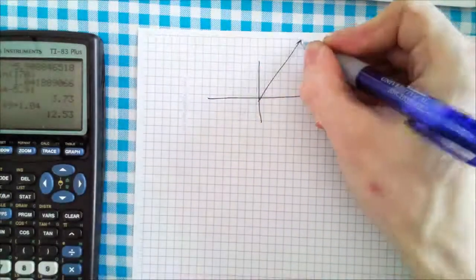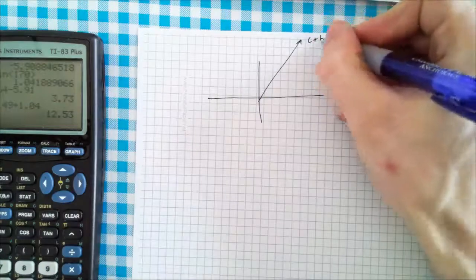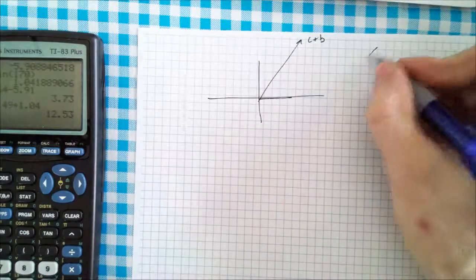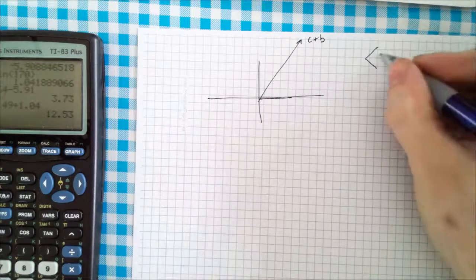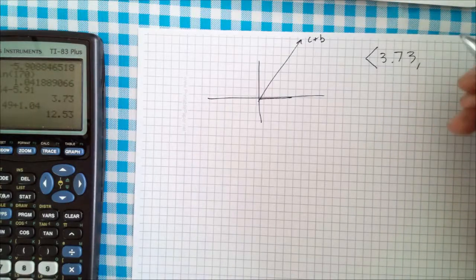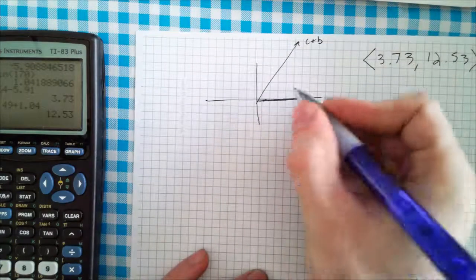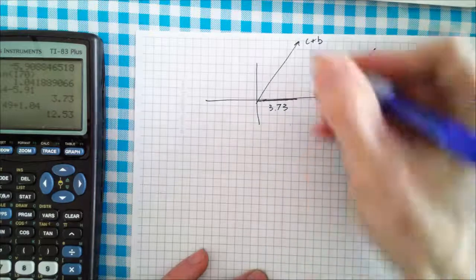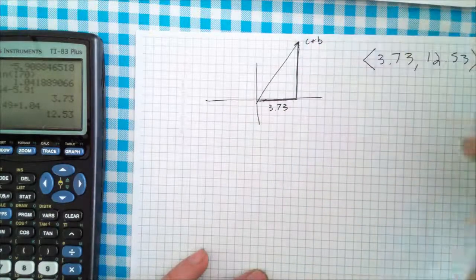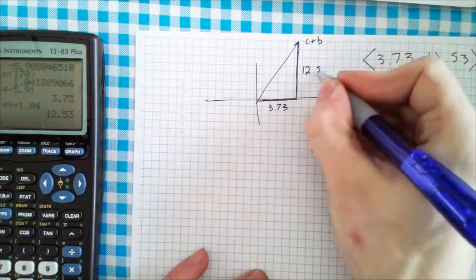Here's our vector, c plus b, and we know that this is its component form, 3.73, 12.53. So its x component is 3.73, and its y component is 12.53.